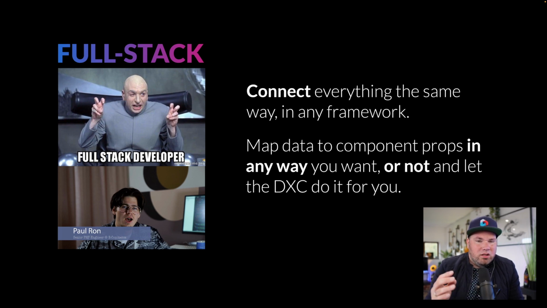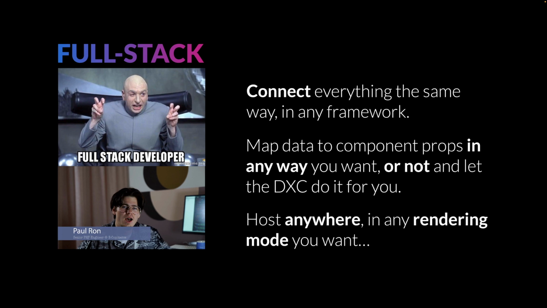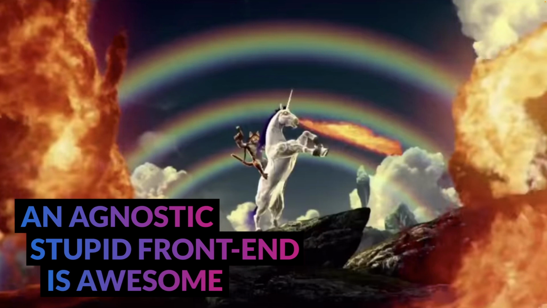And so doing things the same way is much easier with unit tests. It's much less brain power. Everything gets better, right? And if you can choose whatever front end you want, you can host it anywhere. You can render it in any mode you want, right? So freedom is cool. And so the agnostic stupid front end is actually pretty awesome.